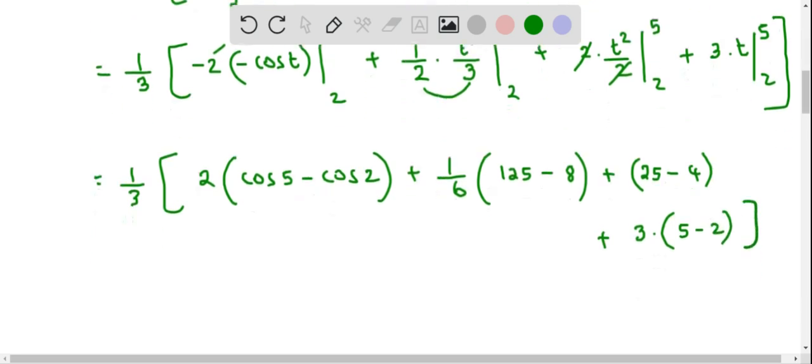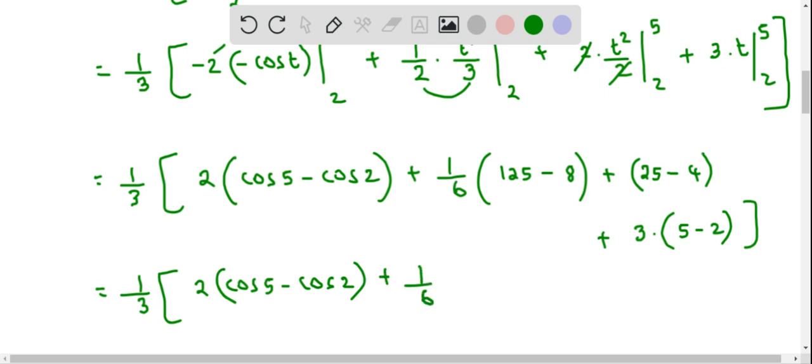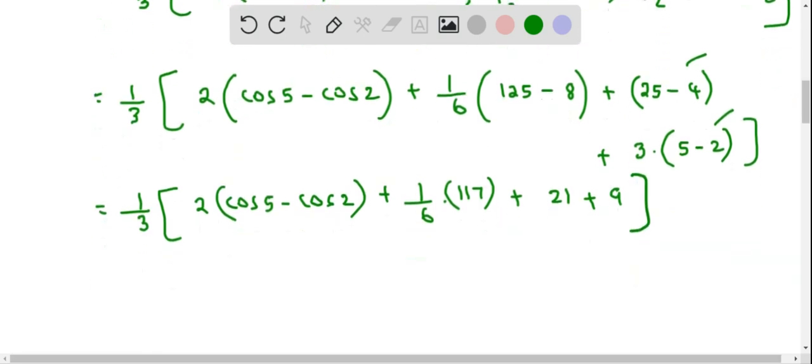Let's simplify this. So this gives 1/3 times 2 times of cosine 5 minus cosine 2 plus this one is 1 over 6. 125 minus 8 is 117, plus 25 minus 4 is 21, plus 5 minus 2 is 3. 3 times 3 is 9. And so we can put this in simple form.